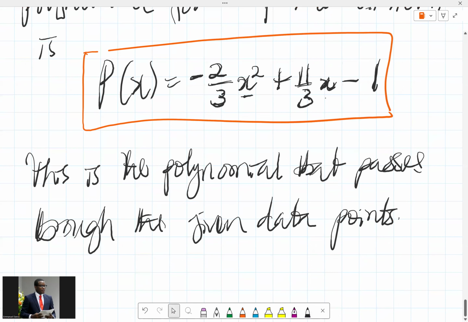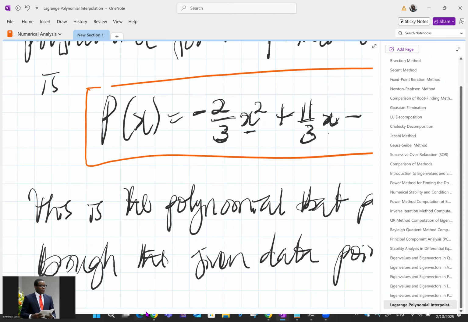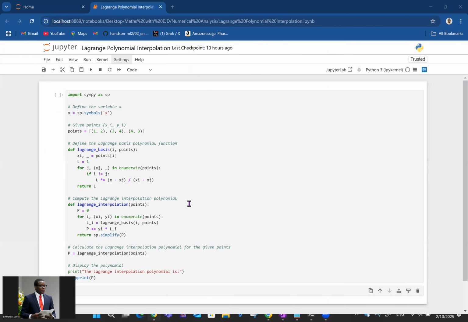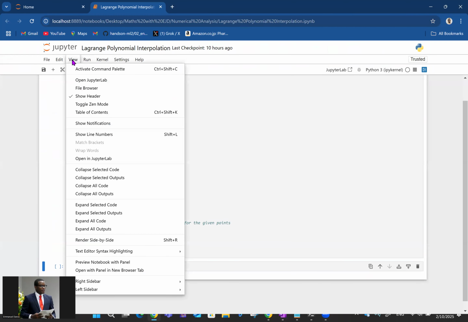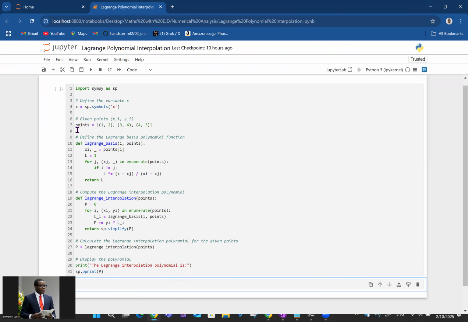So I'll just flash the Python code for this so you can have an idea what that looks like. So this is what the Python code looks like. So the view show the line numbers. So here you just declare your points, and this is where you define the Lagrange basis polynomial function, how it all goes x minus xj over xi minus xj, and the interpolation happens around here.